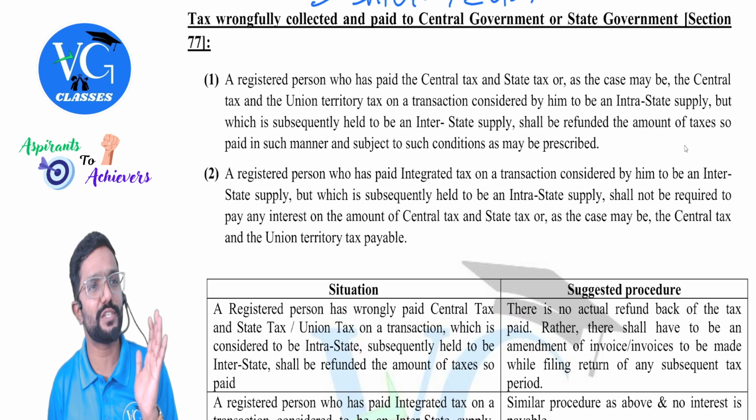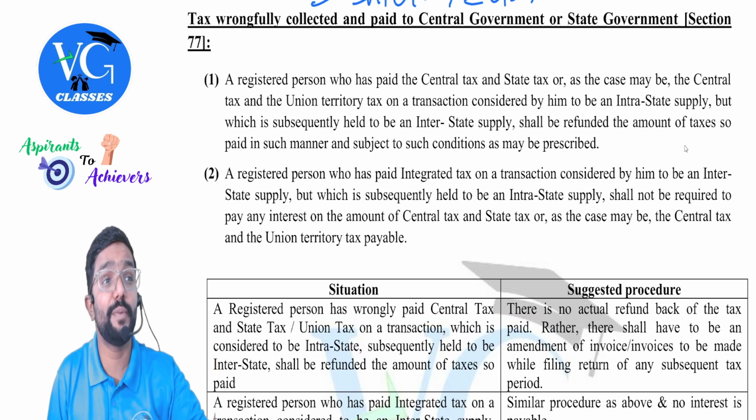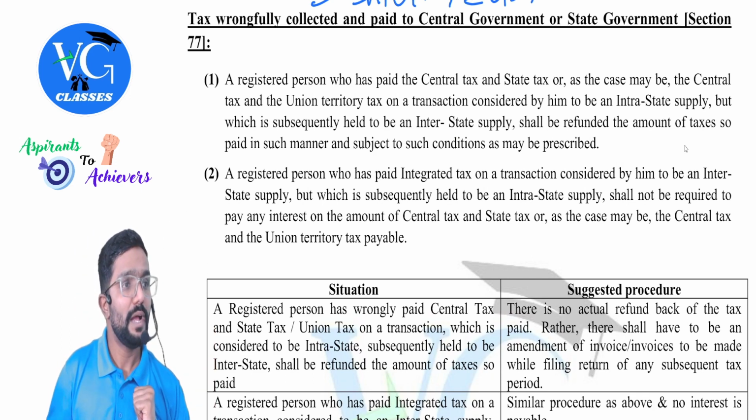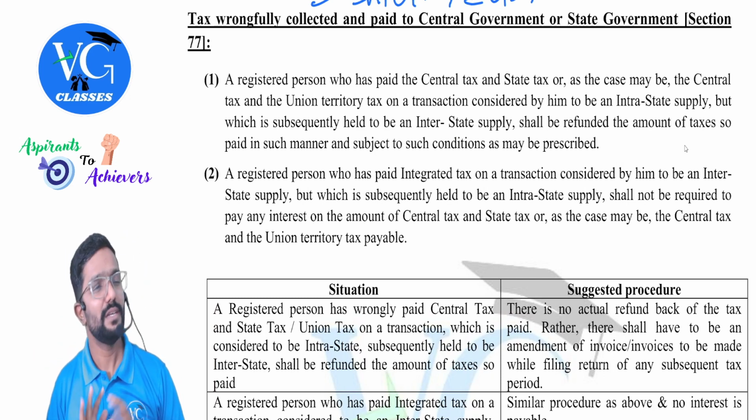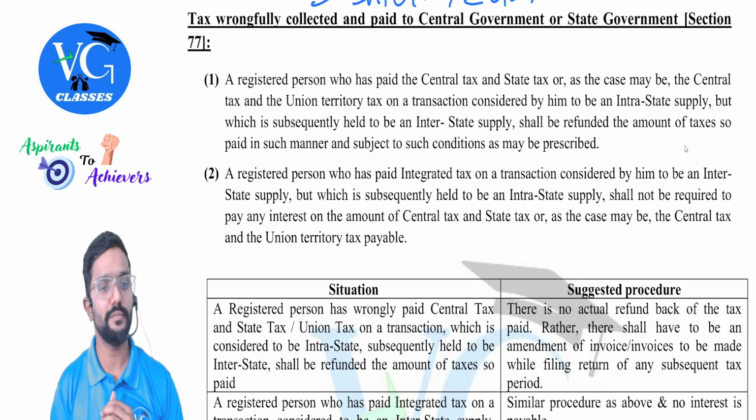So in subsection 1, they are telling that whatever I have paid by mistake, they will refund it back. But I need to pay what I am actually supposed to pay. But in reality, it is not the case, which I will tell. I have given it at the bottom.